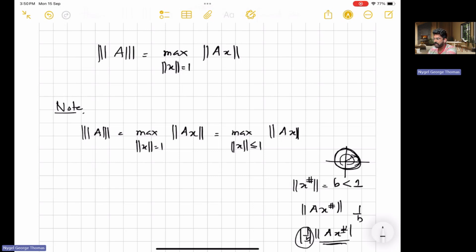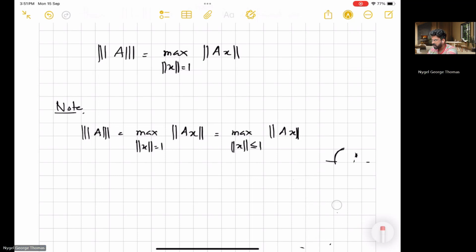So even if you find any x with norm less than 1, you can scale it correspondingly to get an x which is on this circle. Because of that, you can also include all the interior points. You can relax this condition a bit, and still the max value won't change.